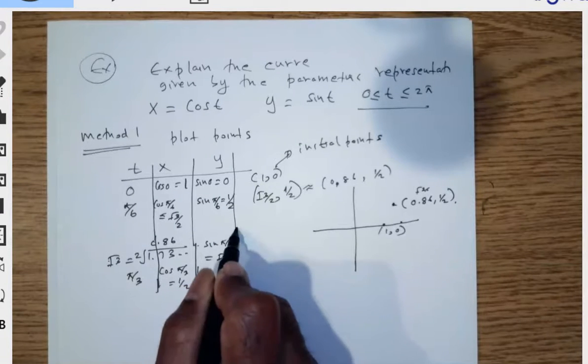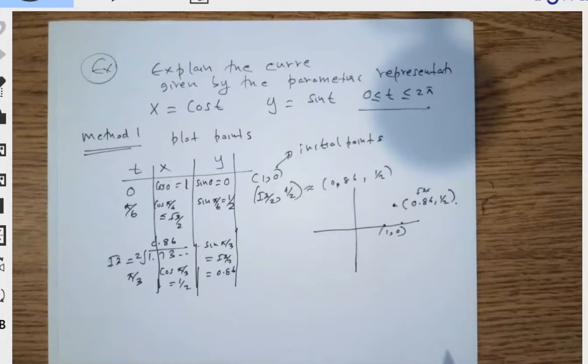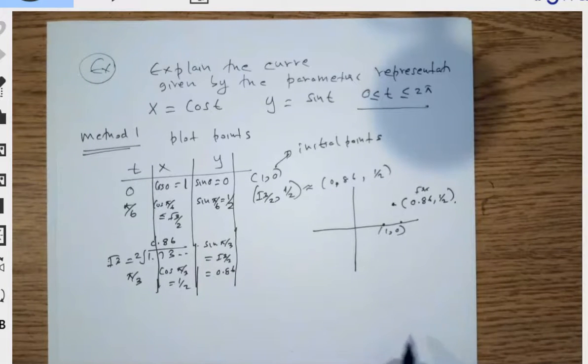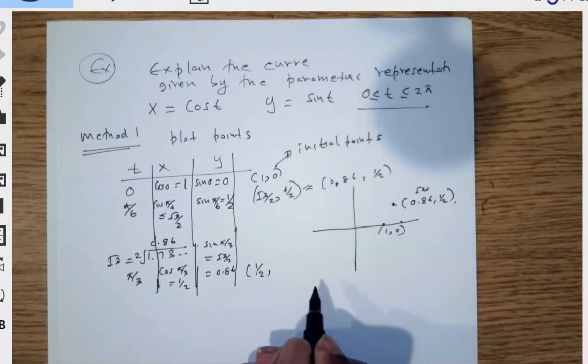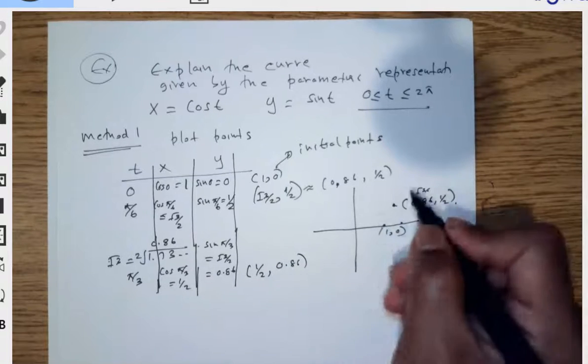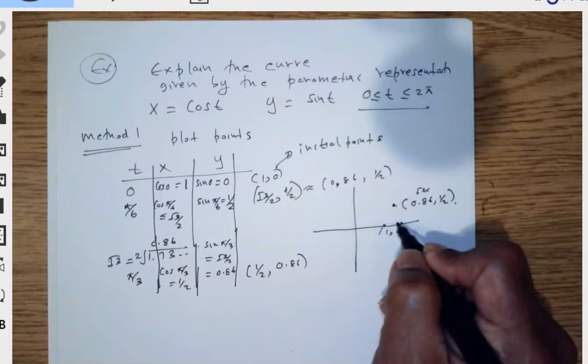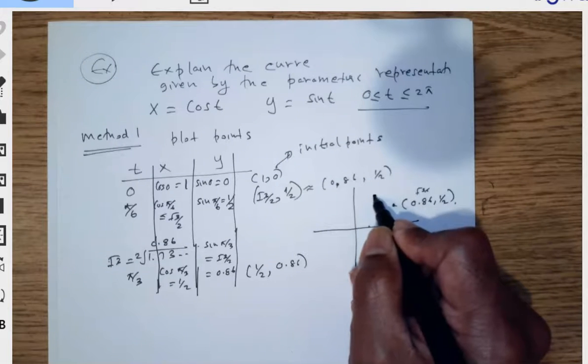Once again, that will be that 0.86 thingy. So now you have the point (1/2, 0.86). If this is like 1, this will be like 1/2. So we are talking something like this.